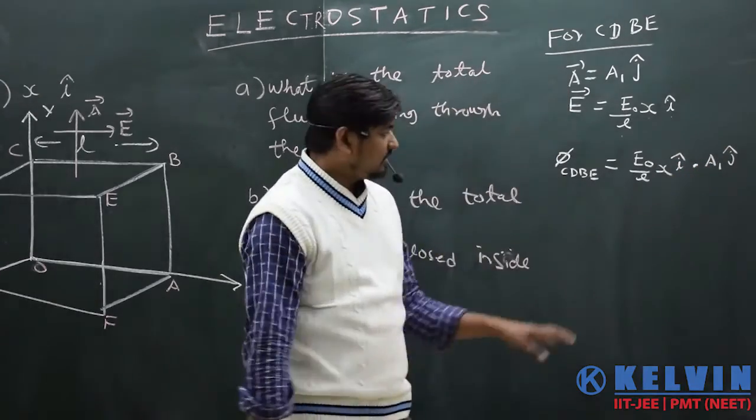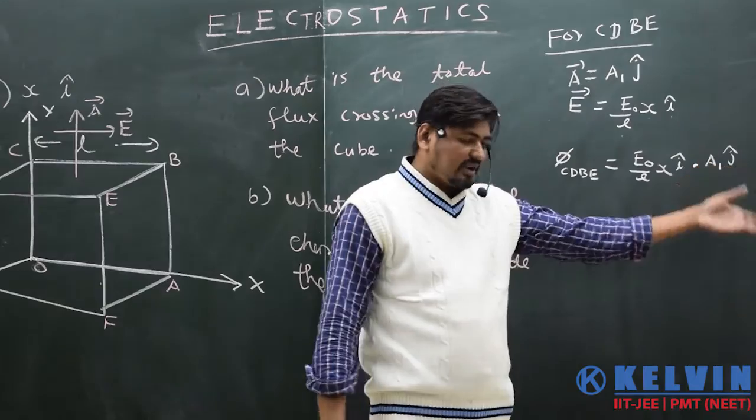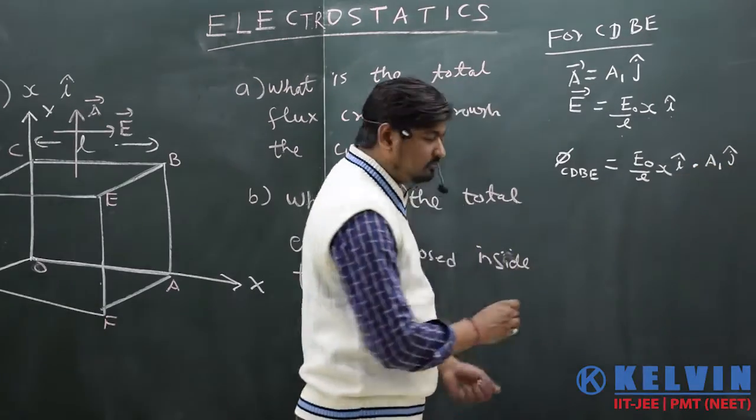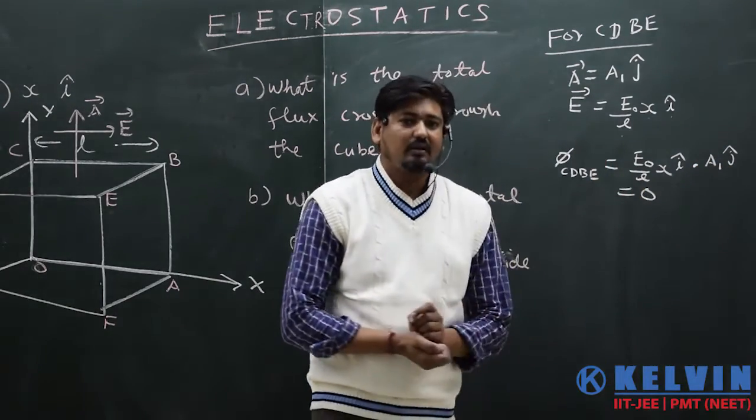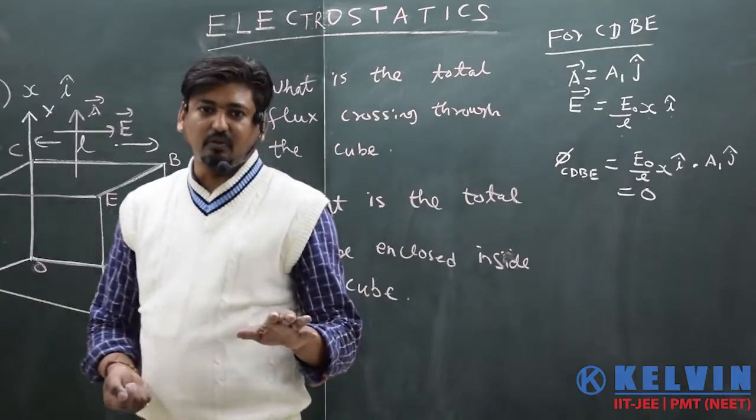And we know that i cap dot j cap is 0. So the flux crossing through this surface is 0.